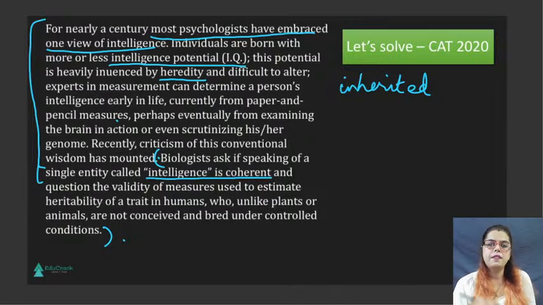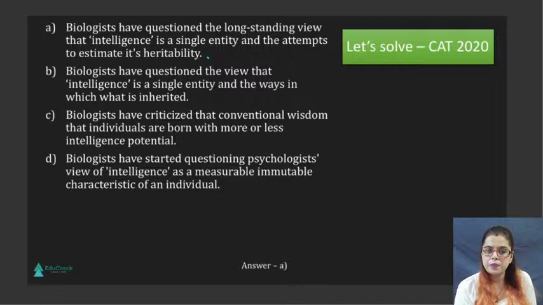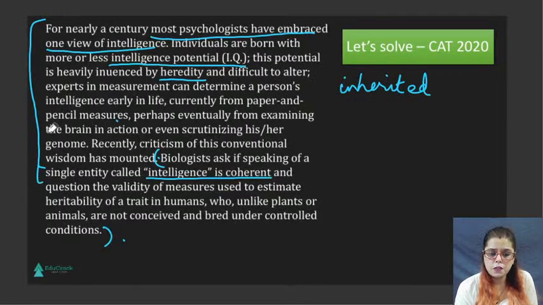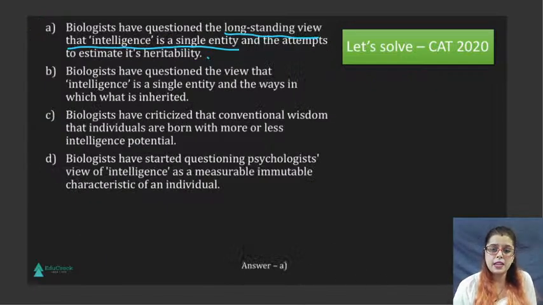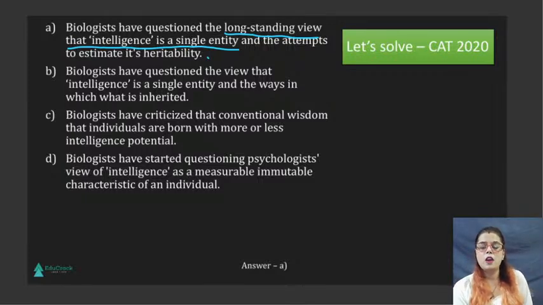Now the biologists have started questioning it. So when we look at this option here, it very effectively captures the essence of everything. It says that biologists have questioned the long-standing view. So when I say the long-standing view that intelligence is a single entity, isn't this what the first few lines talk about? The first few lines give us the idea that intelligence is a single entity or it can be inherited, and in the second part of the passage, this is what the biologists have questioned.